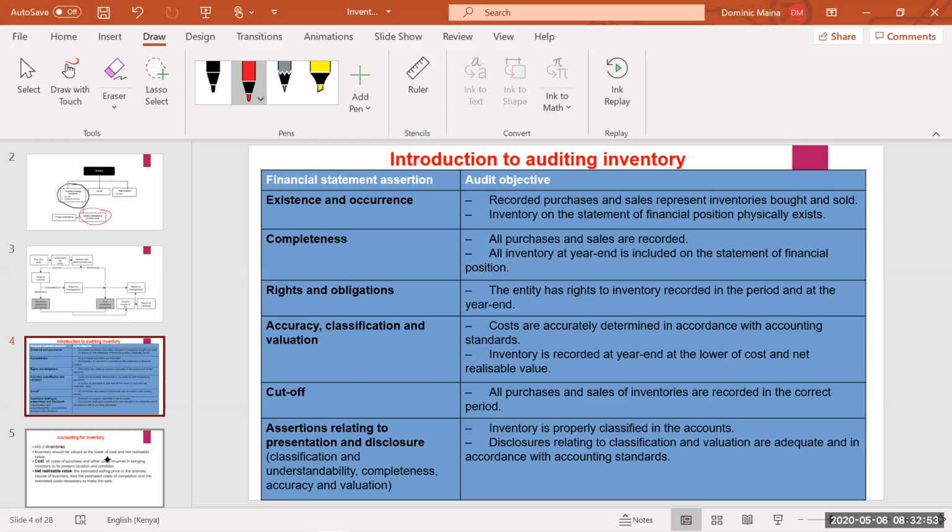The in means the company made a purchase, the out means the company has made a sale. Has the company recorded every single transaction that did occur?